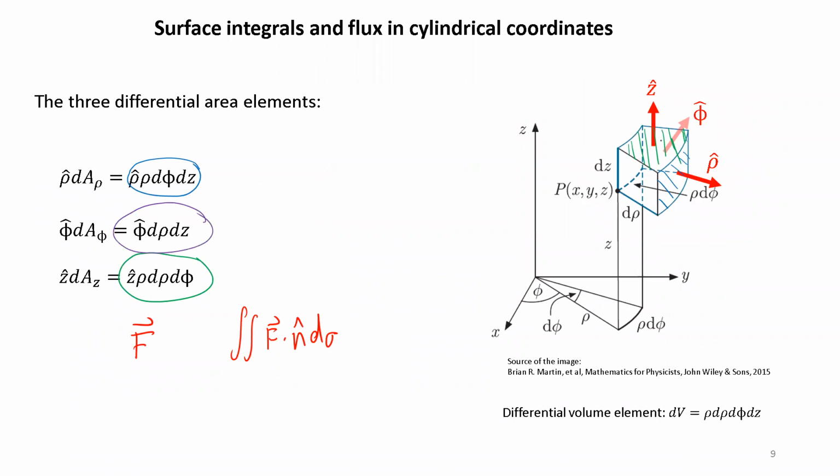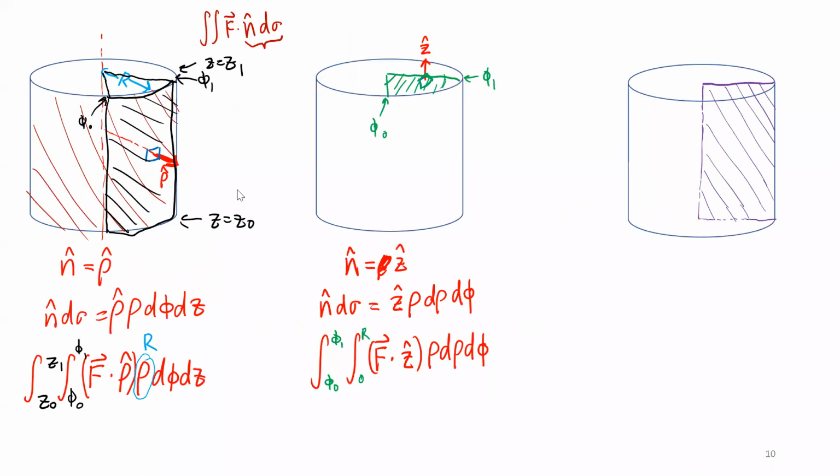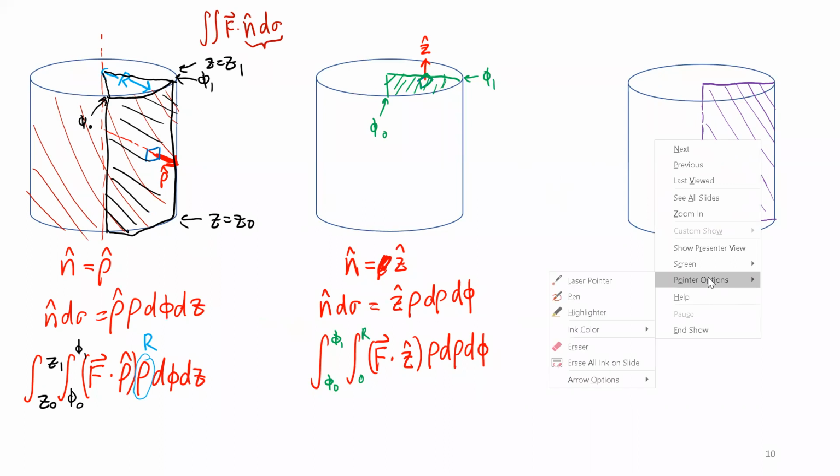So this is basically the back surface of this small cube here. In this case, the normal vector is pointing right into the plane. So it's a phi hat.